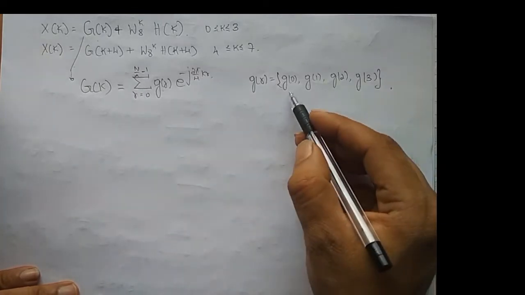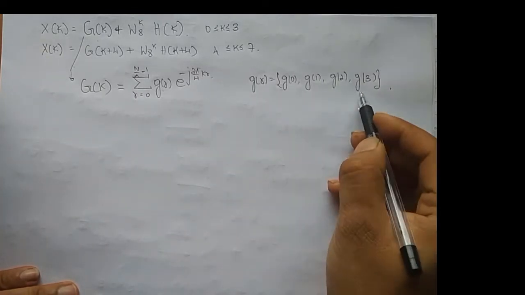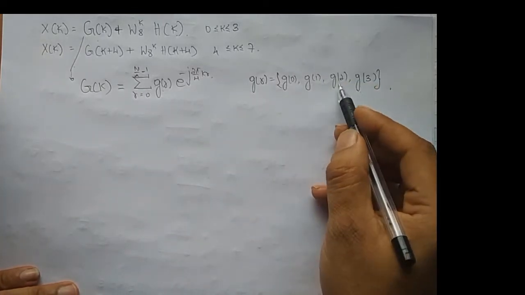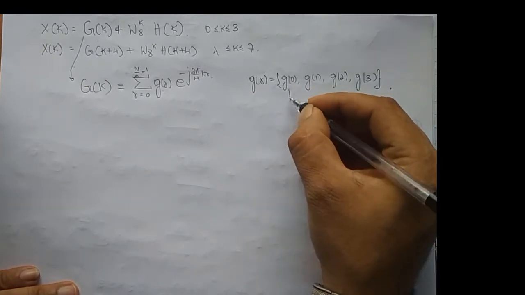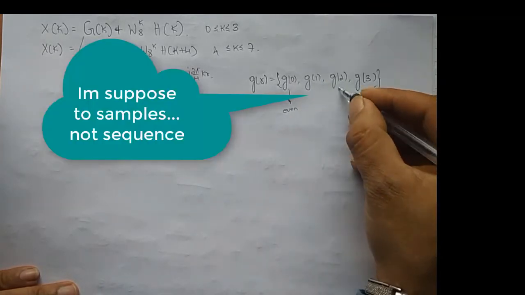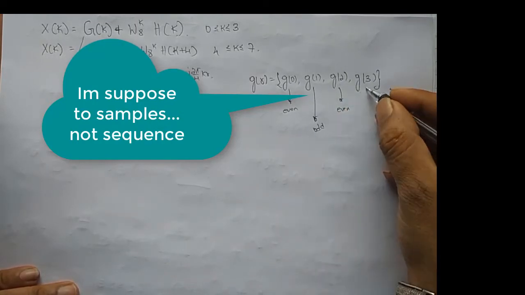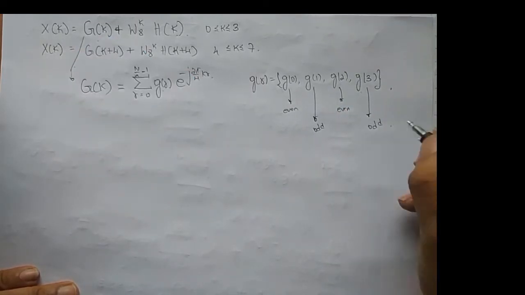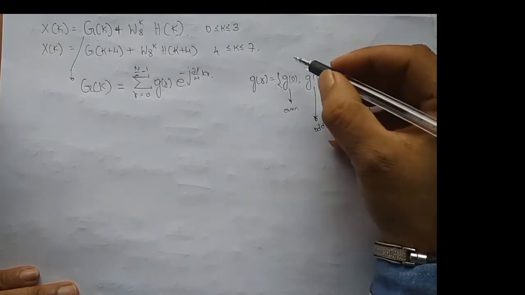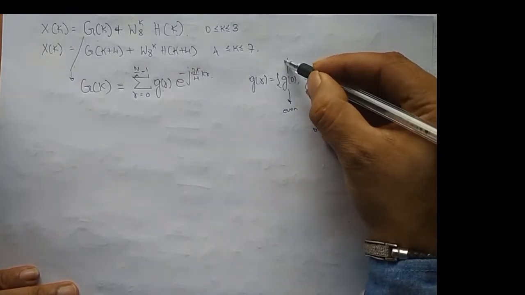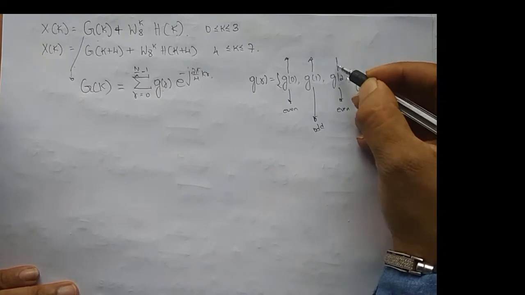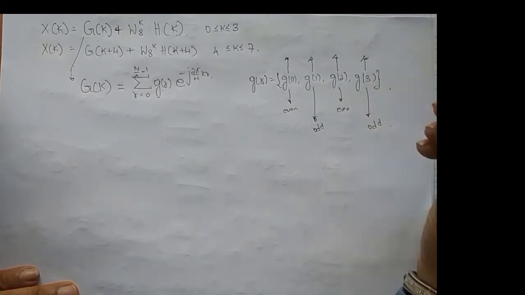So now I'll decompose this 4-point time domain sequence into two even index samples and two odd index samples. So this is the even index sequence, and this is the odd index sequence. Fine. But what does this correspond to in x of n?